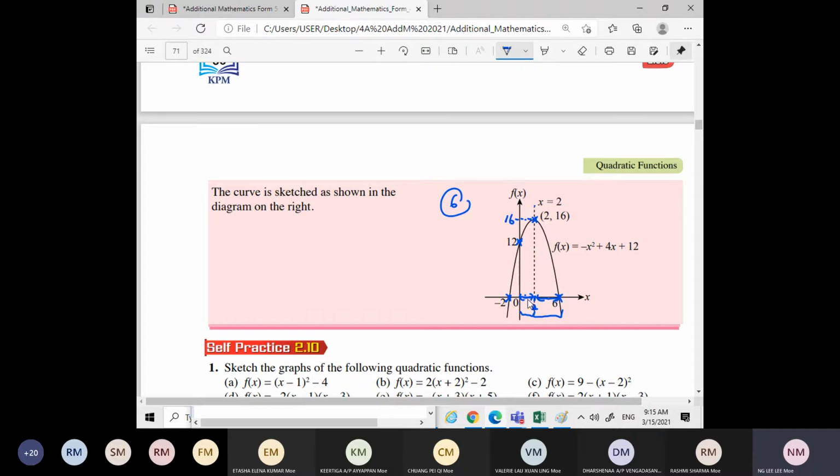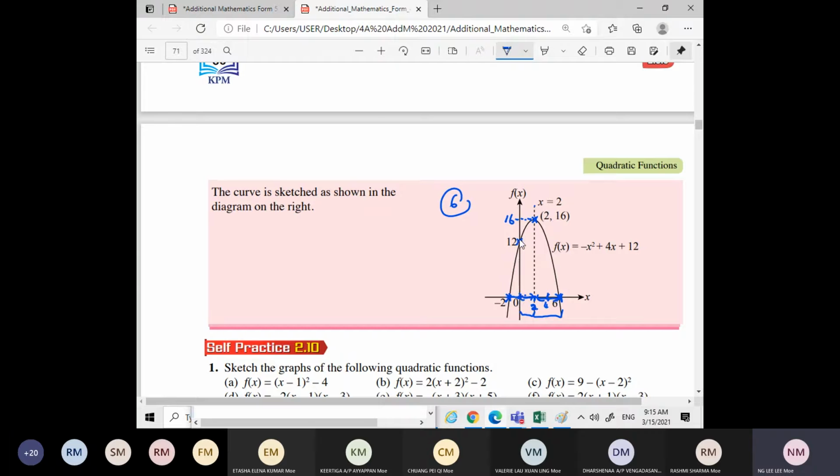If you are not sure, then you just mark 2, 4, 6. Here, same thing. If this one you are using 1 centimeter, let's say, here also 0 to -2 is also 2 units. Therefore, here also is 1 centimeter. Every 1 centimeter you mark as 2. So 2, 4, 6 here. Here is -2, -4, -6. But you don't need it. So you can just stop at 6 here, and stop at -2 here.